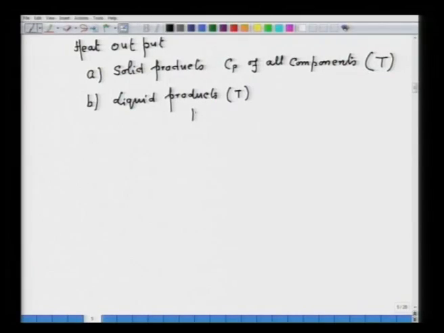Here you need the temperature of each product, the composition of each product, and the Cp value of each product. Then you should also know the heating value, or heat content at that particular temperature, and latent heat, if you are calculating from 298 Kelvin.